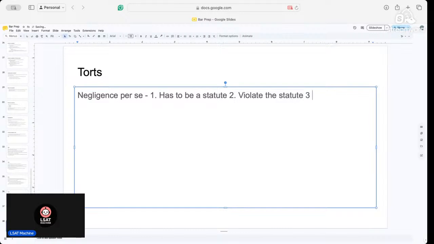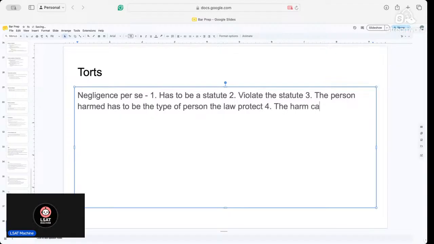The person harmed has to be the type of person the law is meant to protect. And the harm caused must be the type of harm the law is meant to prevent.